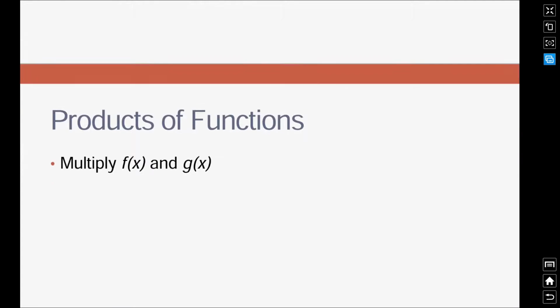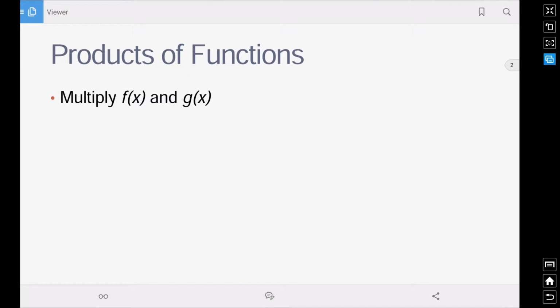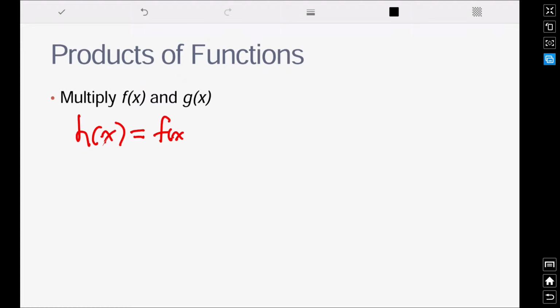First, a product of functions is just like a product of numbers. All we do is take f of x and multiply it by g of x. Symbolically, my new function, which we'll call h of x, is just the two functions multiplied together: f of x times g of x.